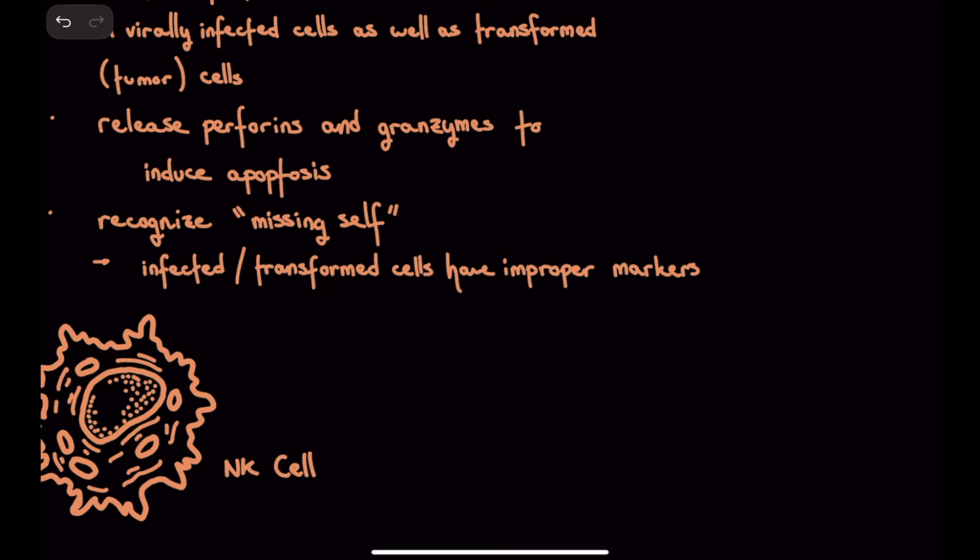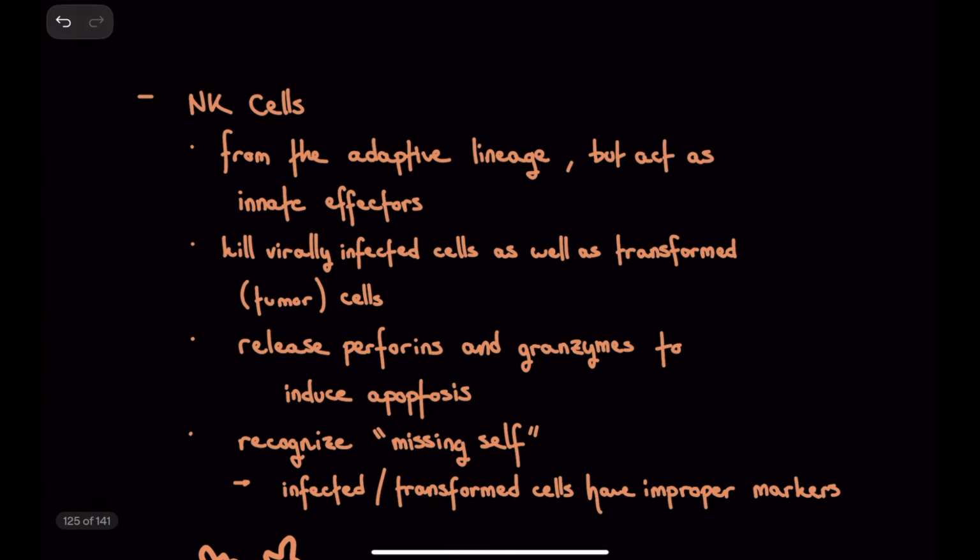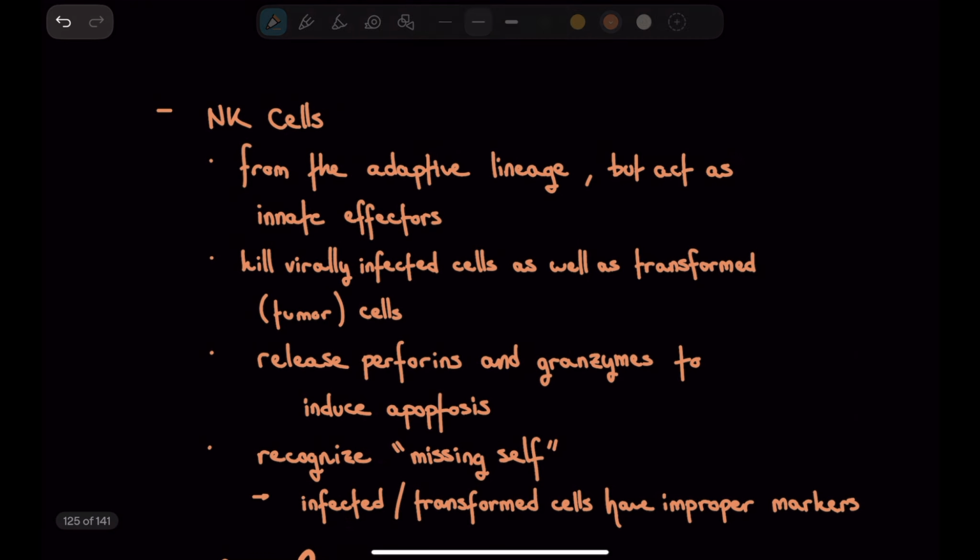And we're going to talk about that idea of a self marker in a couple units. But all of your cells have a specific signature about them. And whenever they're virally infected or whenever they have a tumor appearance to them, well, that changes what their signature is. And NK cells are really good at sleuthing that out. Let me draw a little magnifying glass.